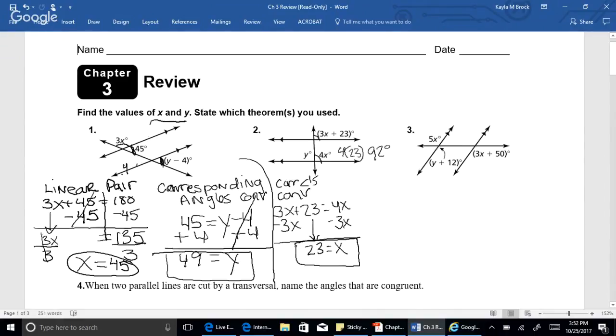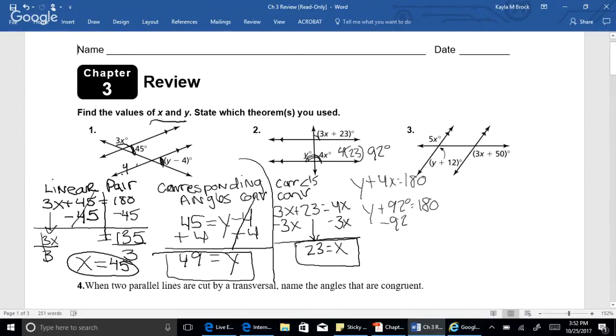And so we'll say, well, this is actually a linear pair. So y plus 4x equals 180 degrees, which means y plus 92 degrees equals 180 degrees.